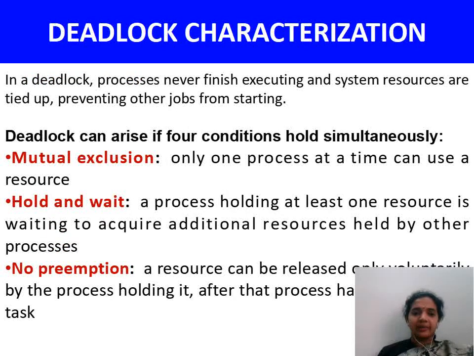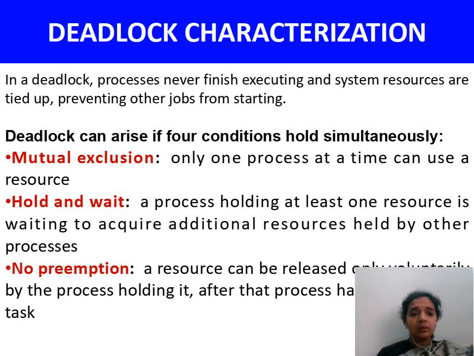In deadlock characterization, deadlock can arise if all four conditions hold simultaneously. The first one is mutual exclusion. Here one or more resources are non-shareable, which means only one process can use a resource at a time. For example, if process 1 is accessing resource 1, the other process cannot share it.